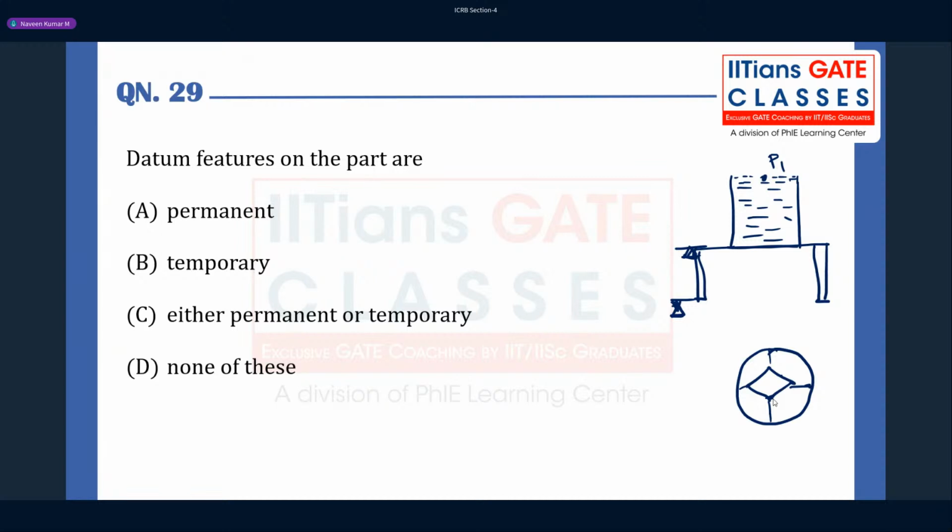If you write G90 and G91, G90 corresponds to the absolute system and G91 corresponds to the incremental system. You can do anything; the datum is changed. So I feel the answer could be either permanent or temporary based on the situation. It is not fixed that datum is permanent or datum is temporary. It can be anything. Okay, good.